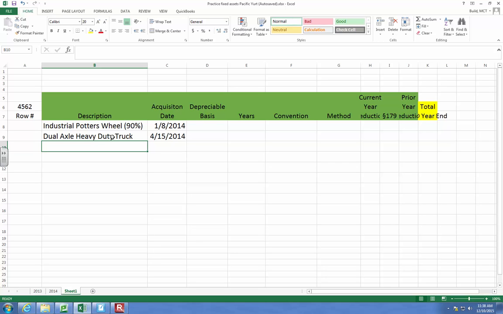And I also purchase an existing potter's logo or trademark on 8/1/14.